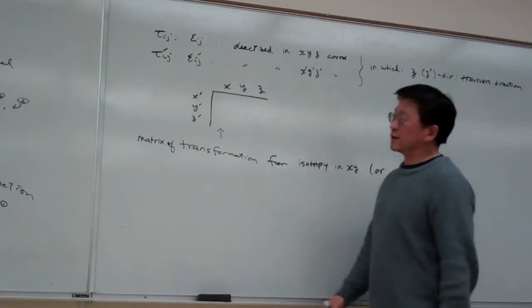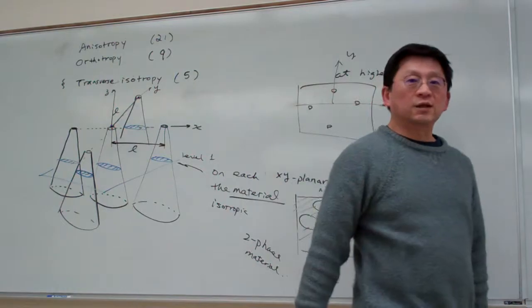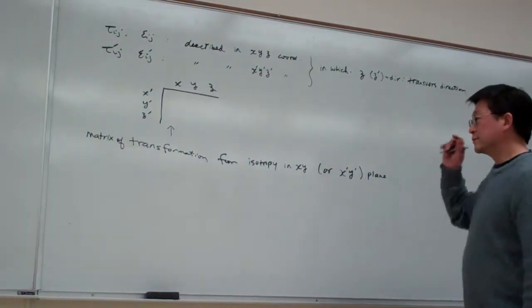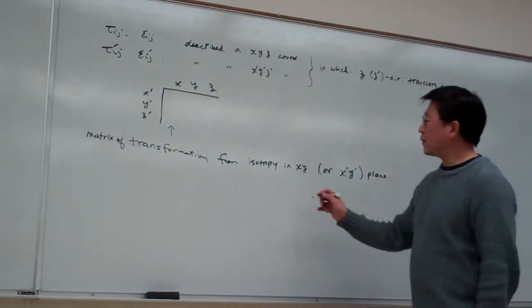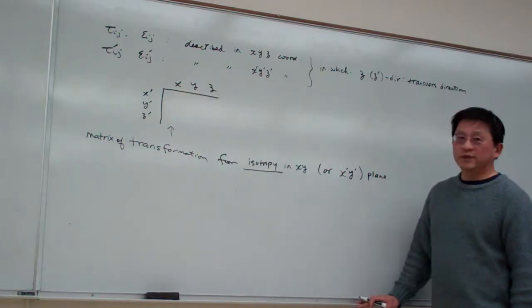Okay, so let me define this Z direction as our transverse, and let me say the XY is our isotropic plane. So now, what is the definition of the isotropy?